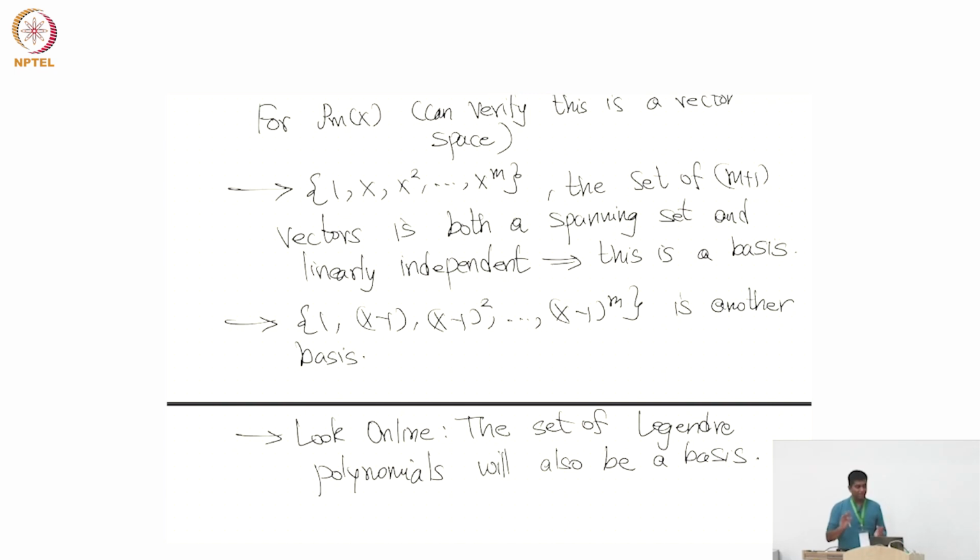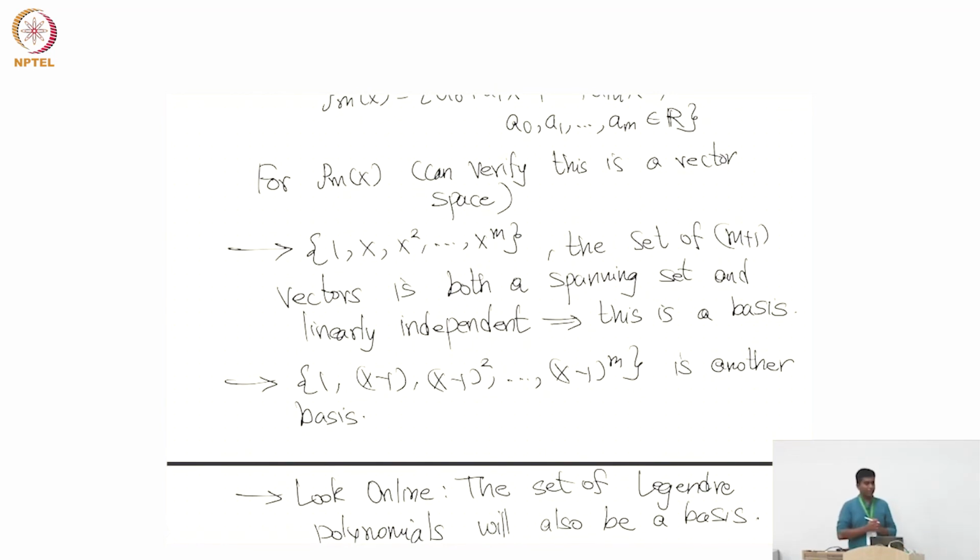There are many examples of bases. Then Lagrange polynomials will be a basis, Newton polynomials will be a basis, but Legendre are a so-called orthogonal basis, but it's not relevant to our discussion. This is tangential and you can look online.